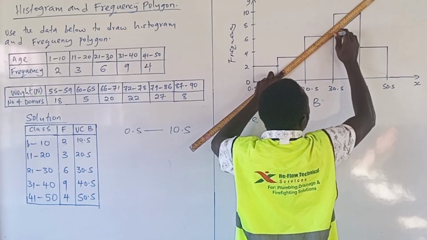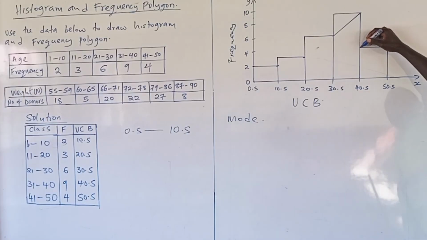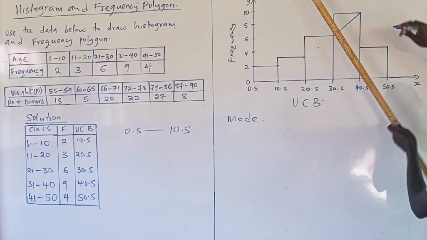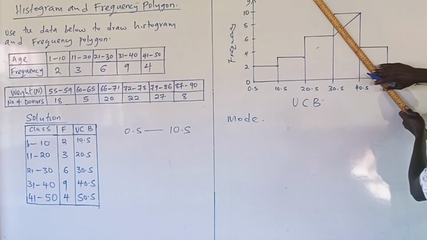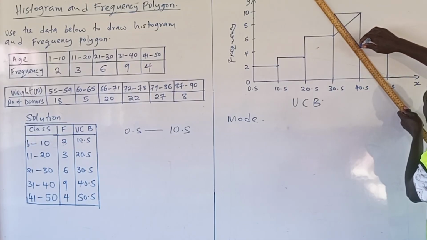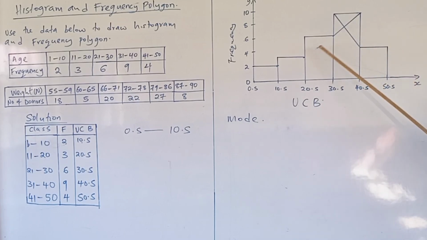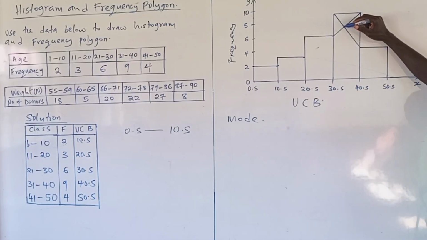If you don't have a ruler, there is no need of going to a ruler. Then again, this one, where this one is starting, you join. You join like that. So I hope you see where we are joining. Where this bar is ending and where this bar is starting. So we join like that. So this is the point of interest.